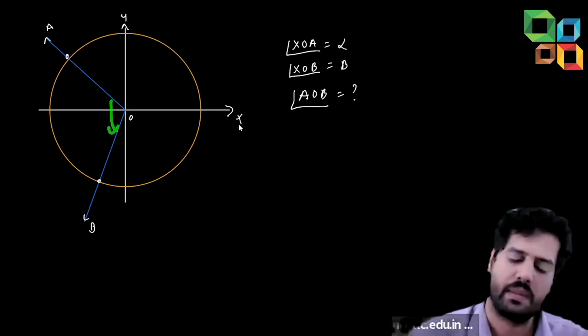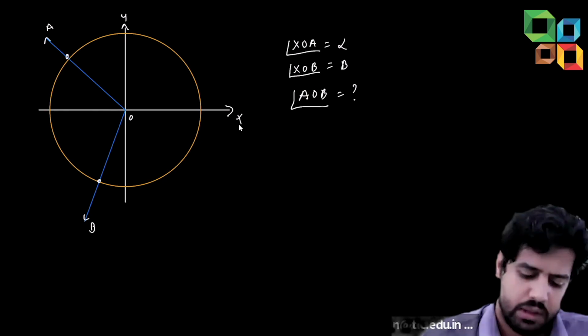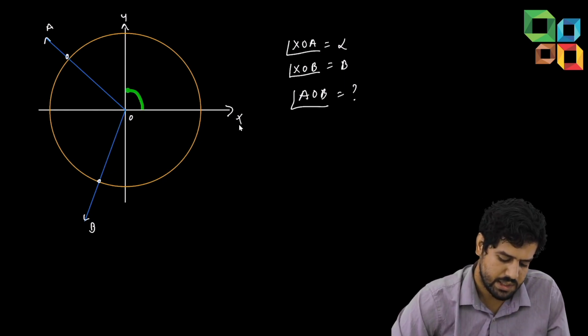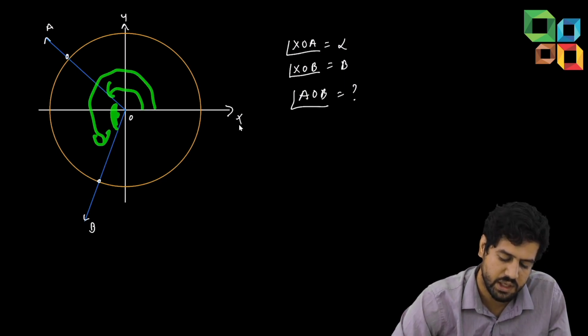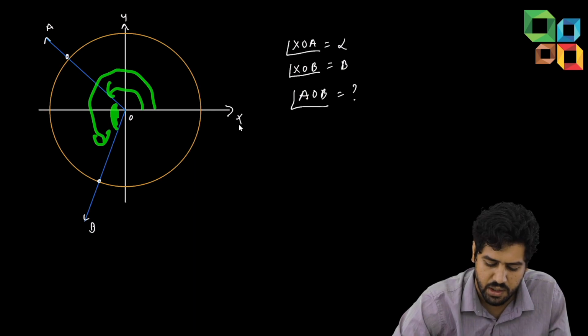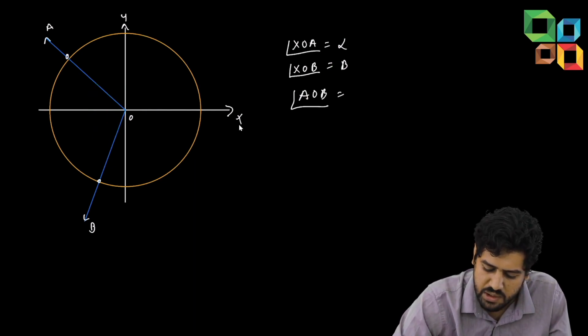This angle. This angle is alpha. This whole angle is beta. So we want this, which is the difference of the two angles. Right? So the big angle minus the small angle. So it will be just beta minus alpha.